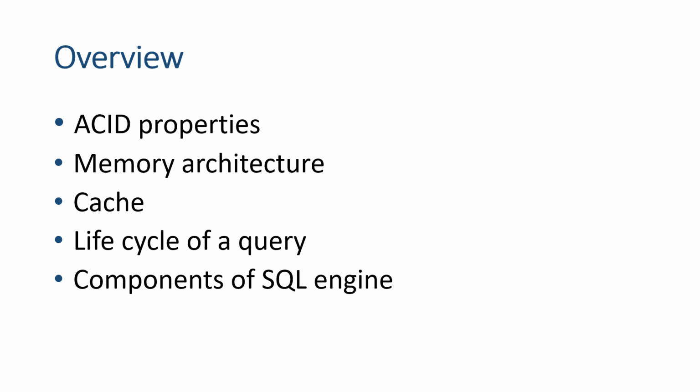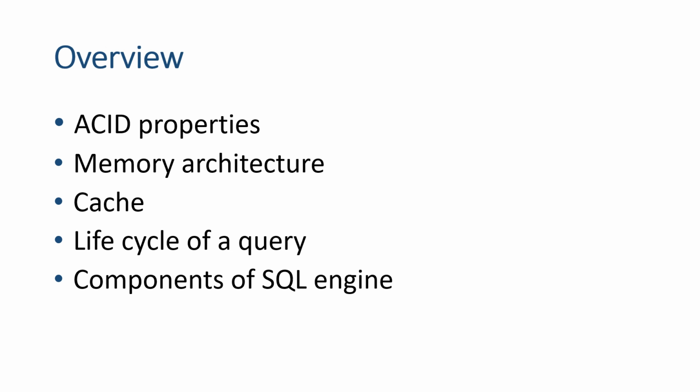So what are we going to discuss in this session today? We are going to go through the overview of ACID properties of transactions with a simple example ensuring the ACID properties. And we are also going to go through the different types of components we have in the memory architecture of SQL Server. In this session, we are mainly focusing on the major components of the memory architecture, that's plan cache and buffer pool, and how these caches get managed inside the SQL Server.